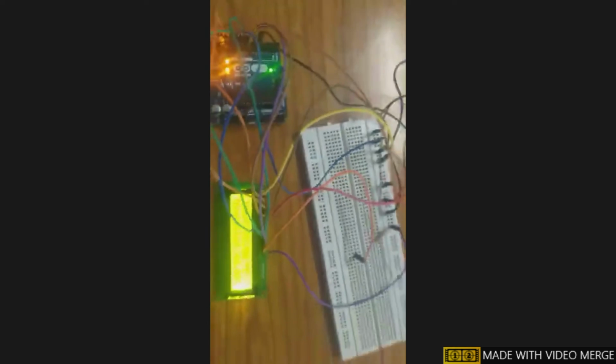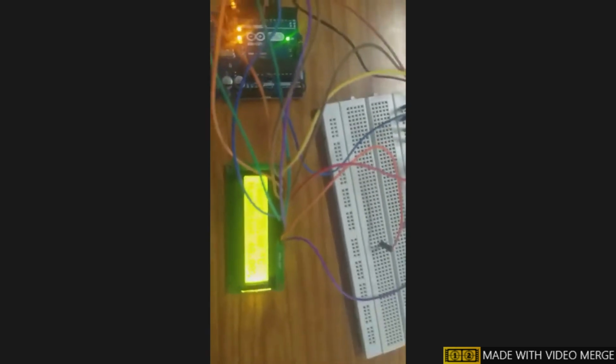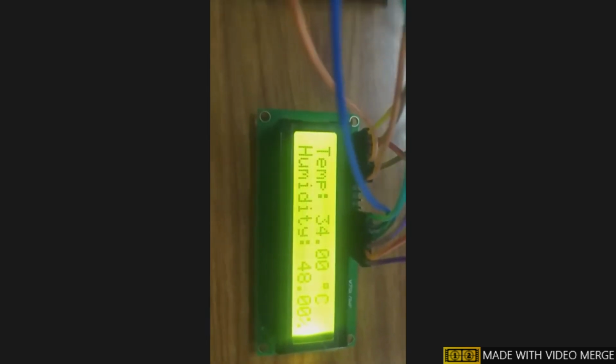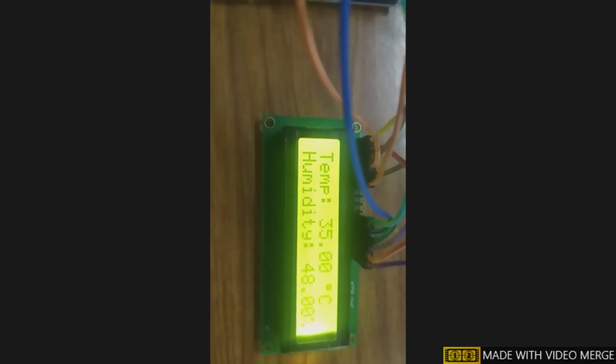This is the hardware demonstration of the DHT sensor, which is used to display the temperature and the humidity of the surroundings.